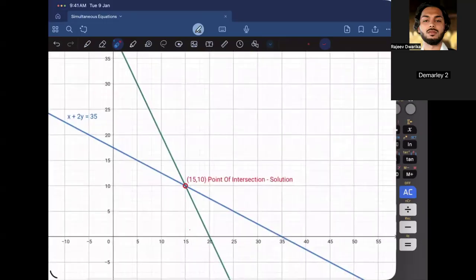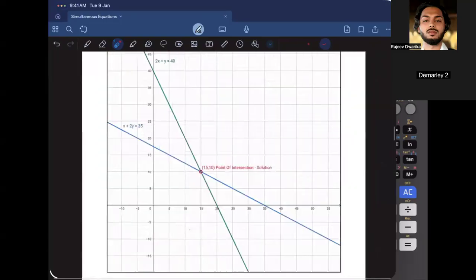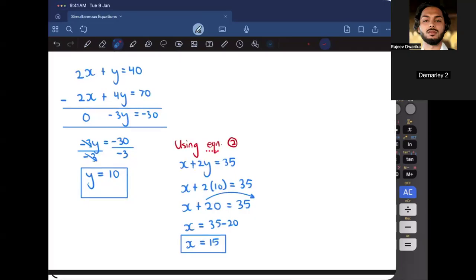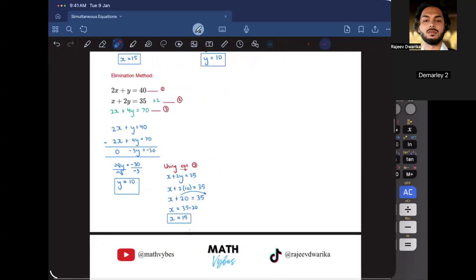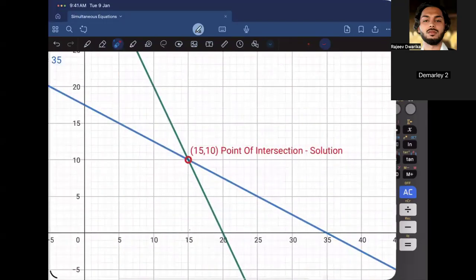Oh. And I want you to observe something. Where are they intersecting? At 10 and 15. What? I'm telling you. 10 and 15. What? Whoa.